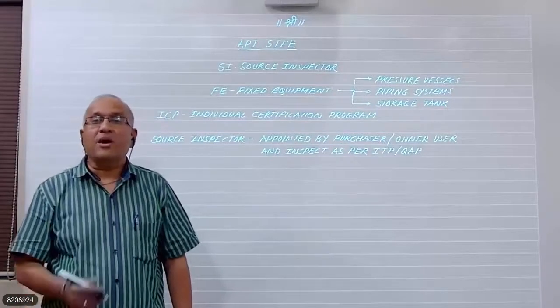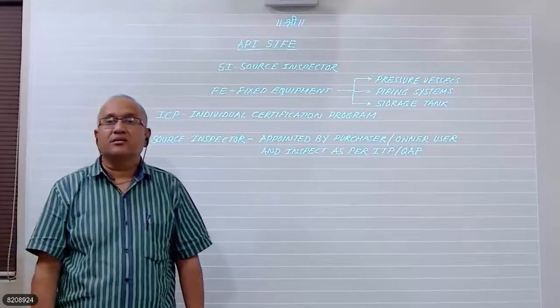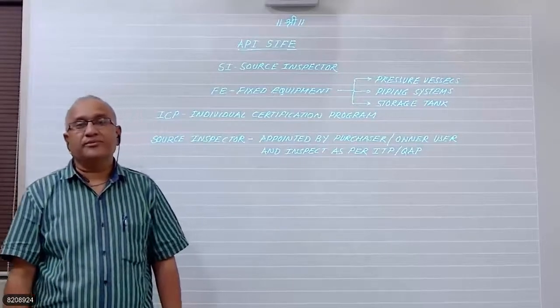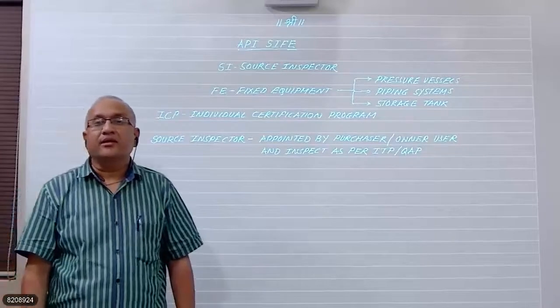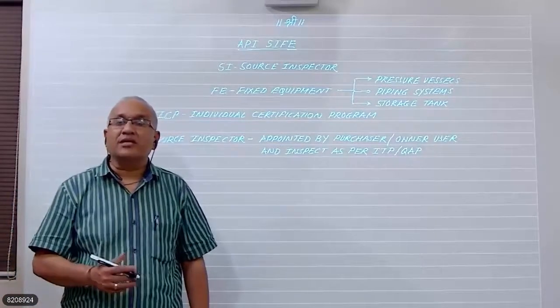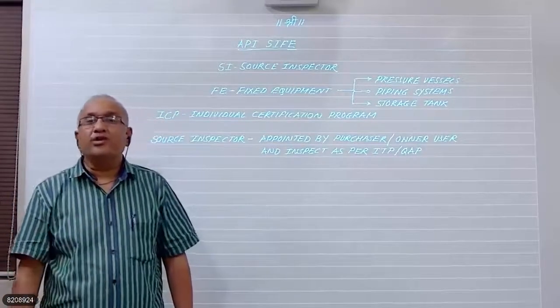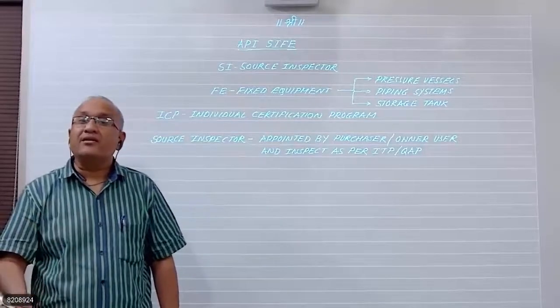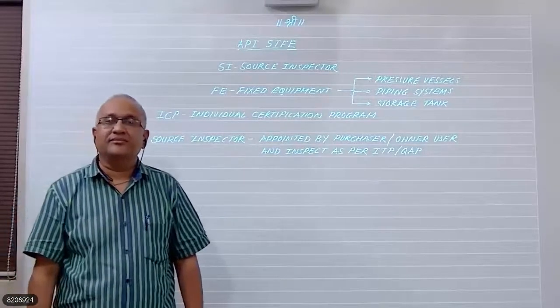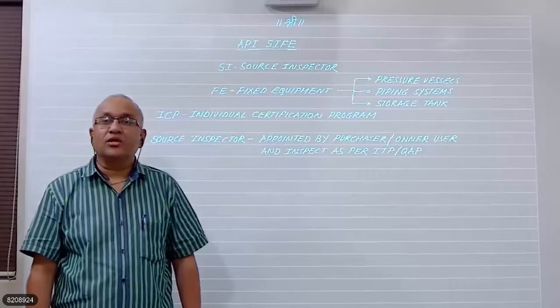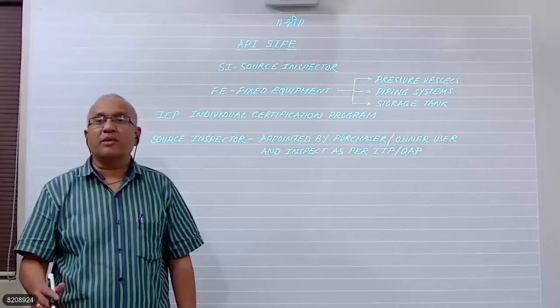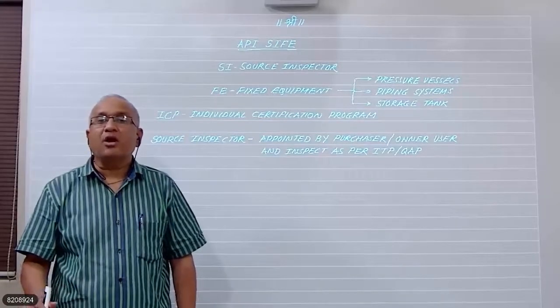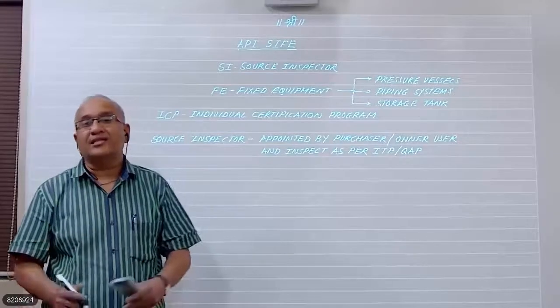Then you have some part of materials, ASME Section 2. Then you have non-destructive examination, ASME Section 5. You have painting and coating standards as well. So a source inspector for fixed equipment is knowledgeable of all these codes and standards.